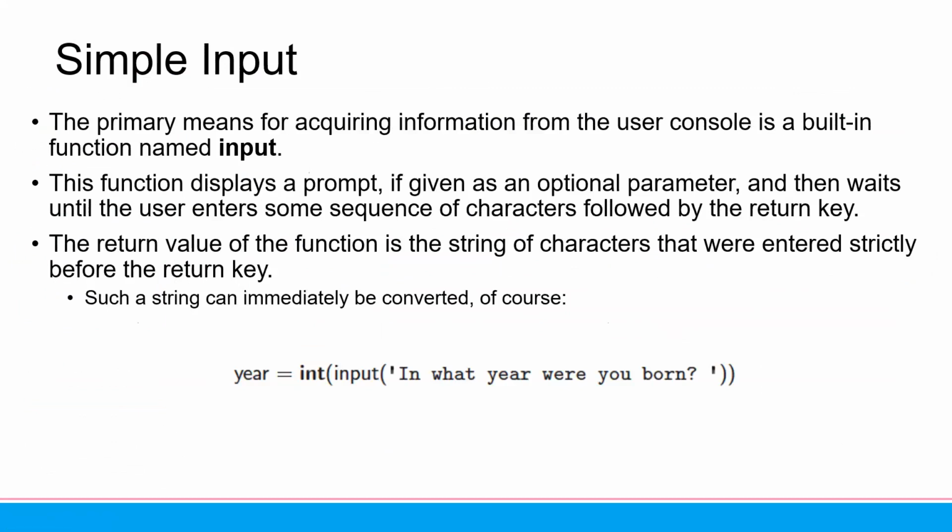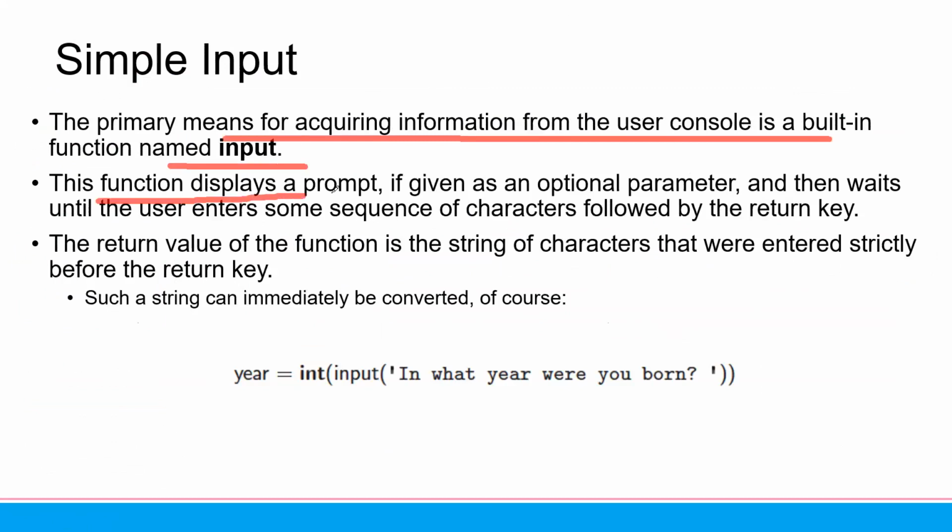There is one command or one syntax in Python when we want to get the user input. The primary means for acquiring information from the user console is a built-in function named input.